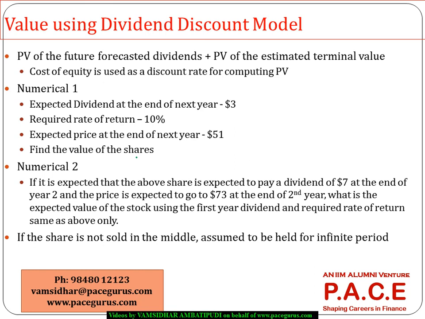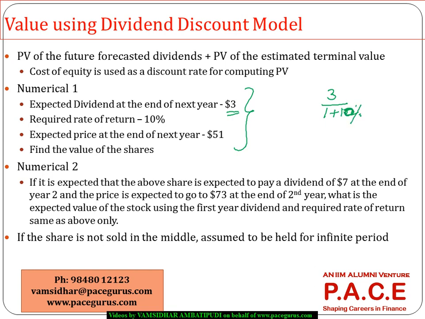To whatever extent I am able to identify the dividend, let's take a couple of straightforward numericals. Expected dividend at the end of next year is 3, so 1 year from now, which means this has to be discounted by 1 year. The required rate of return is 10%.